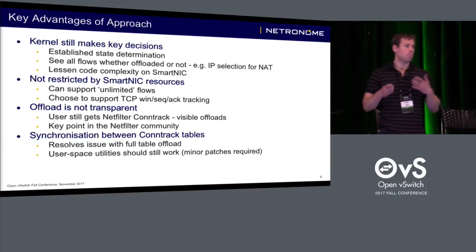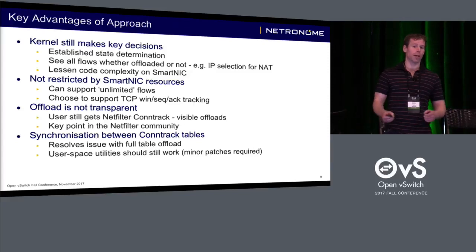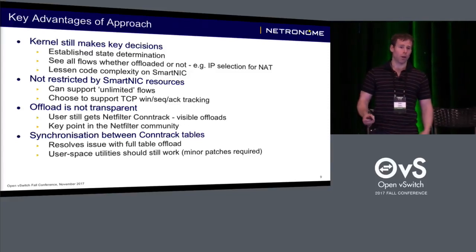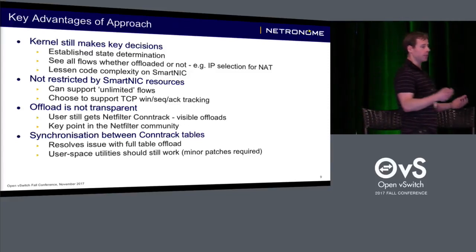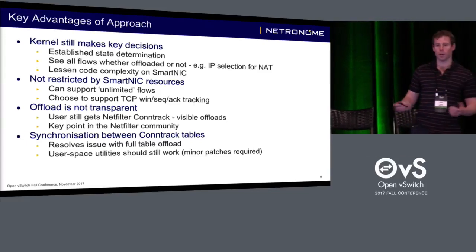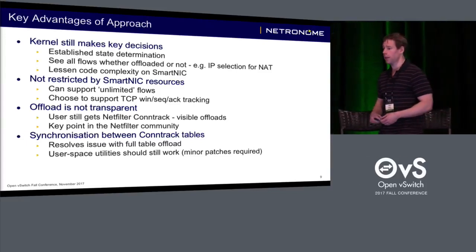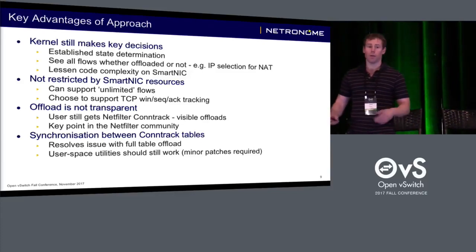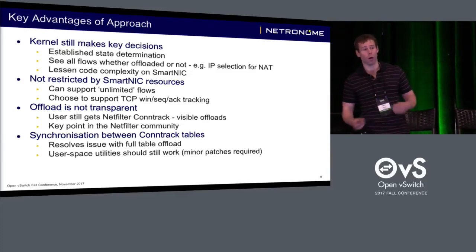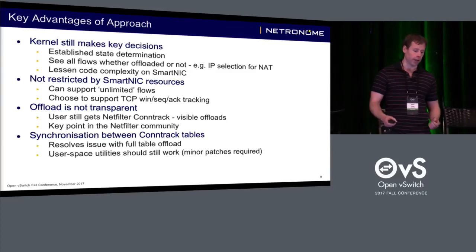So everything that is being tracked on the SmartNIC will be known about in the kernel. Maybe we can update statistics here and keep things relatively well synchronized. So at least if we're going to run things like conntrackd or something else from user space, we will still know about all the flows that we're tracking in this area.